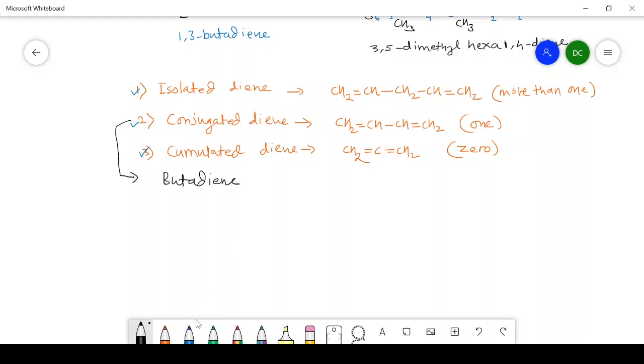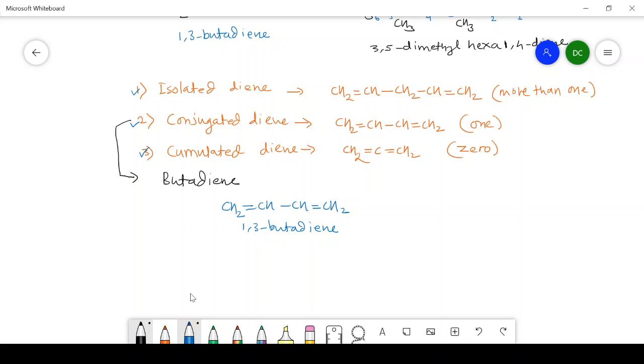I will write the structure of butadiene, that is CH2=CH-CH=CH2, and the IUPAC name of this compound is 1,3-butadiene. It is one of the most important conjugated dienes. It can be used in a number of chemical reactions, and it has a number of applications.